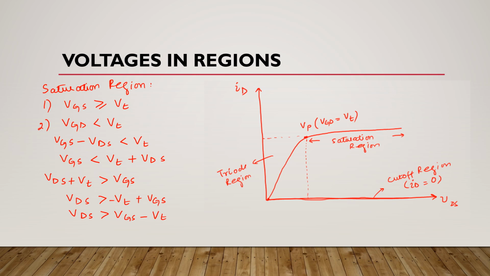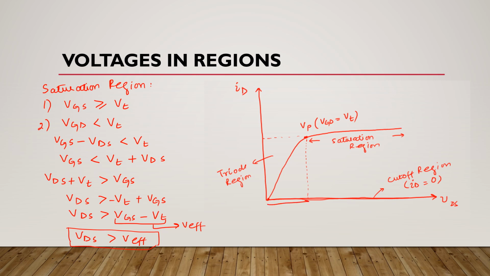Now we know that this term is equal to effective voltage. It means here in this saturation region, drain to source voltage is greater than effective voltage. Okay. Now look at this curve.